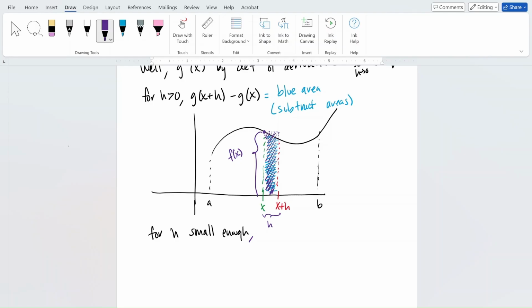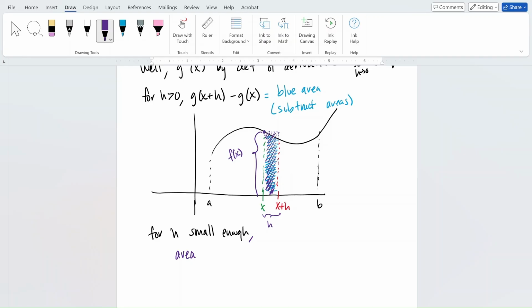That would be a good approximation for the area under the curve. If h is small enough, this purple rectangle becomes thinner and thinner, right? So I can still relate the area of the purple to the area of the blue.